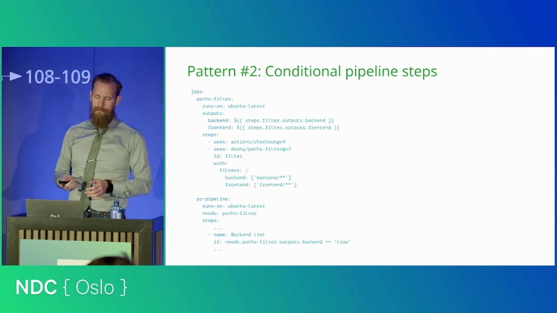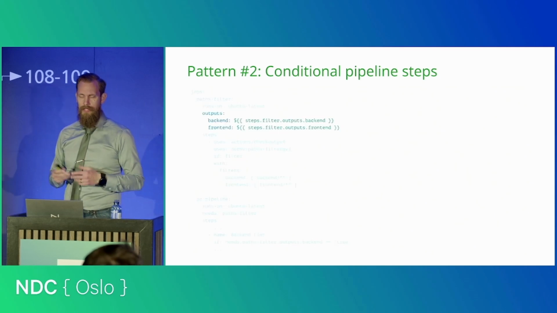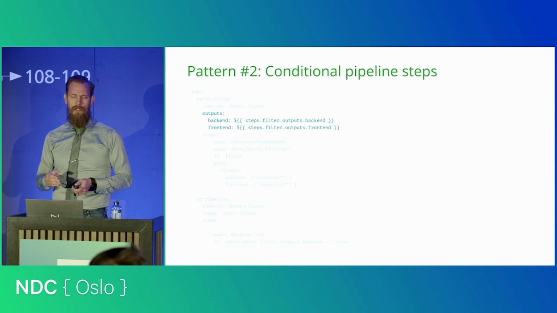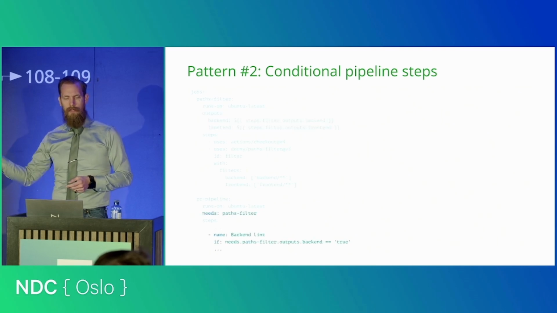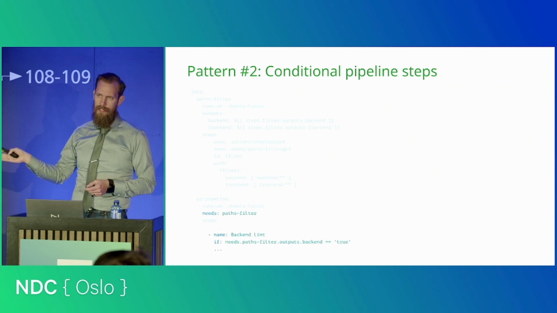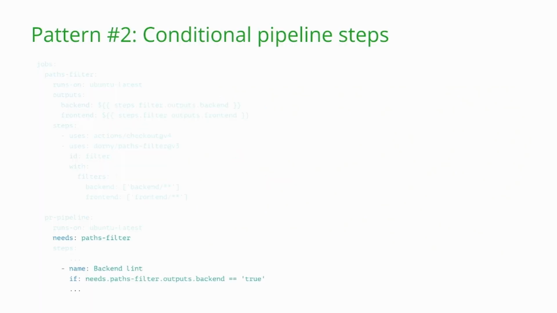We can then export these out of the job, so we can use them in other jobs or other steps even. And then we can say that our PR pipeline now depends on this pre-step of ours, and we just check: if it has set the backend flag to true, then we run the backend tests and linting. If not, well, we just skip them. And that's how we achieve conditional pipelines.